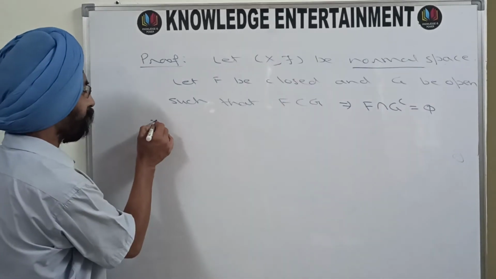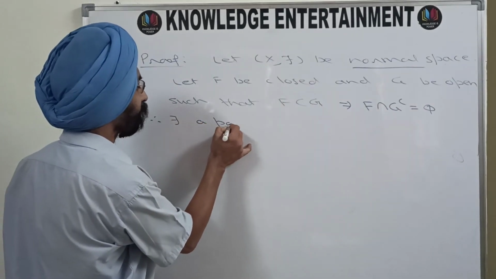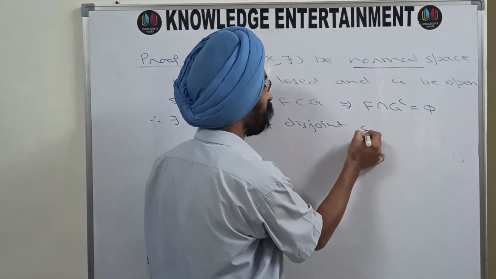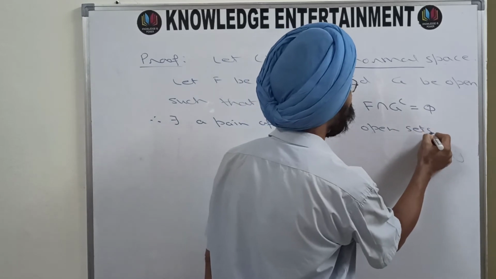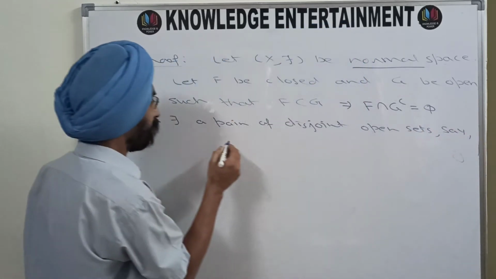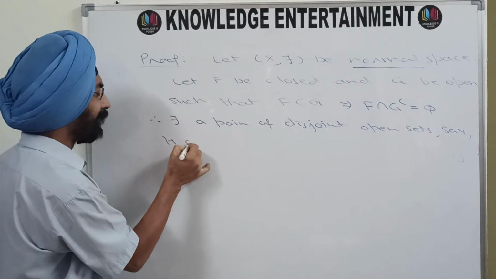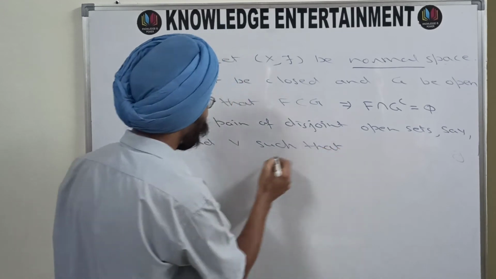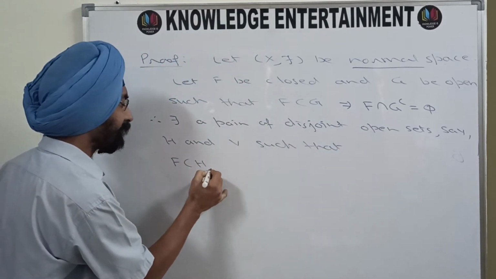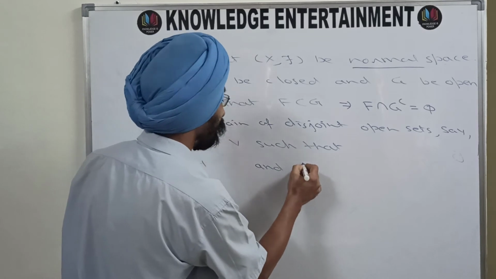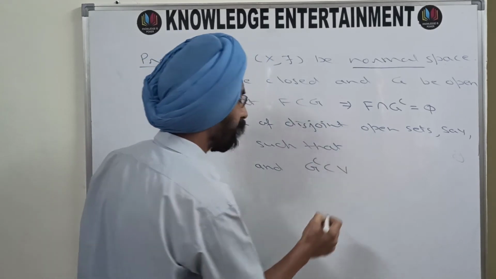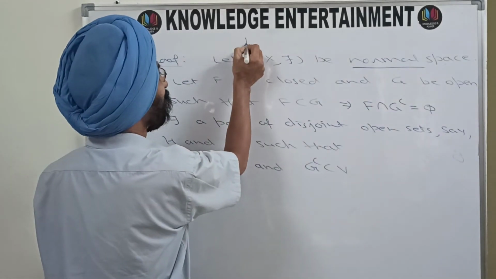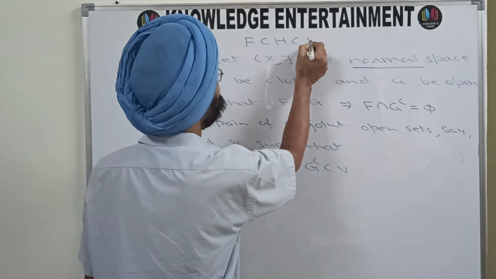So there exist disjoint open sets, say H and V, such that F is contained in H and G complement is contained in V. What you require to prove is that there is an open set H satisfying this condition.